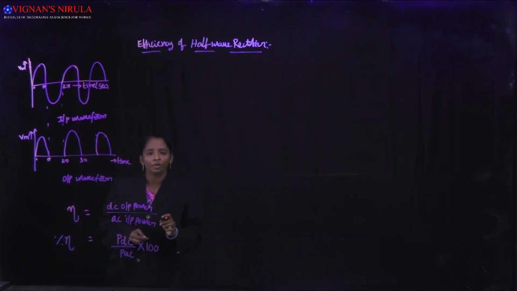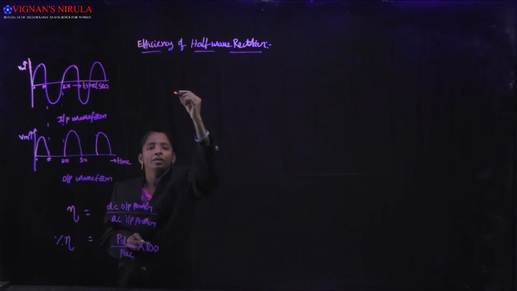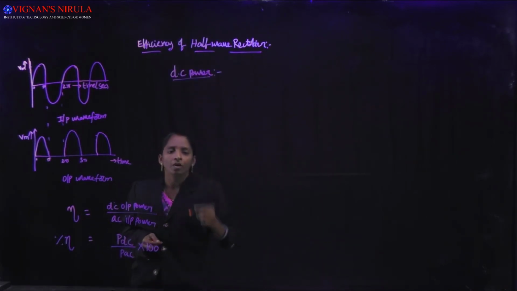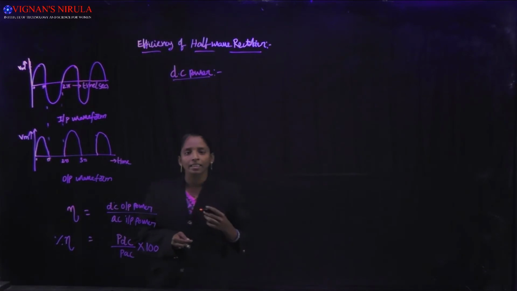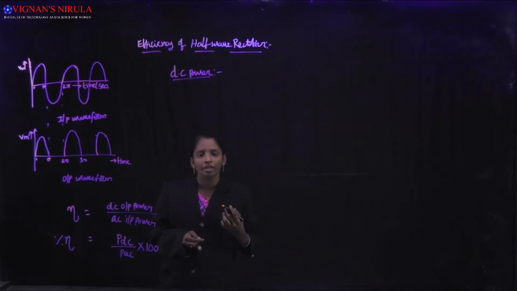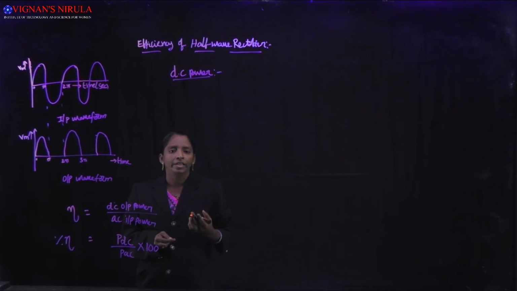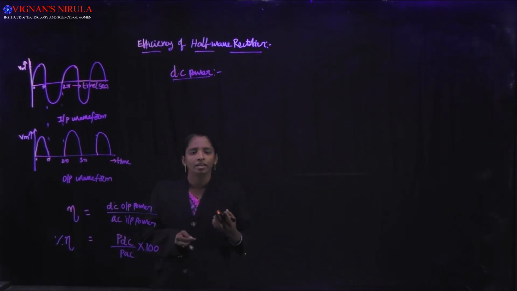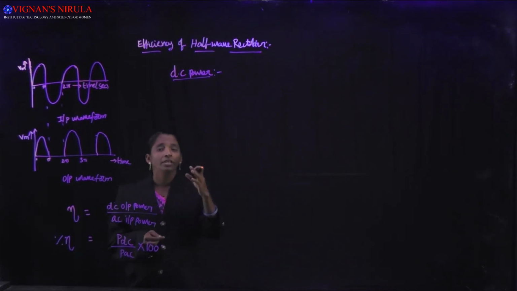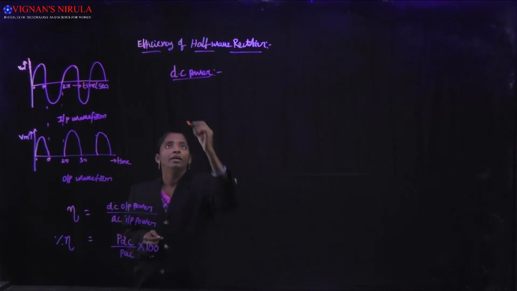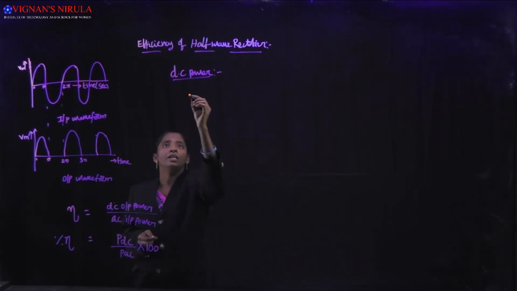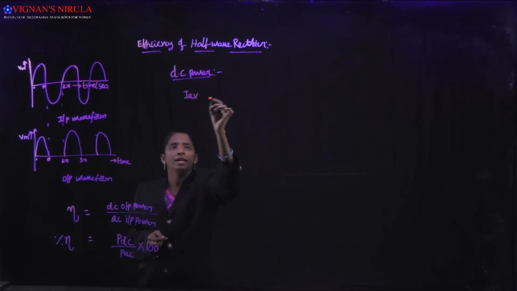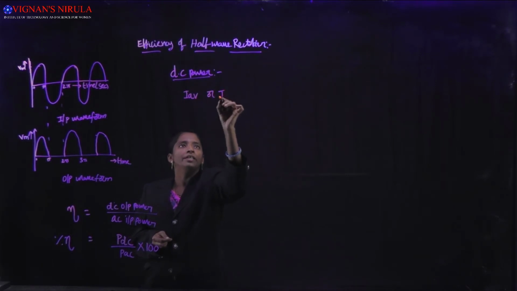Now we are going to calculate what PDC is and what PAC is. First PDC, the DC power. We do not get DC power directly, so we have to calculate it using the resistance, voltage or current. Here I am going to calculate the DC current, also known as average current, represented with I average or IDC.